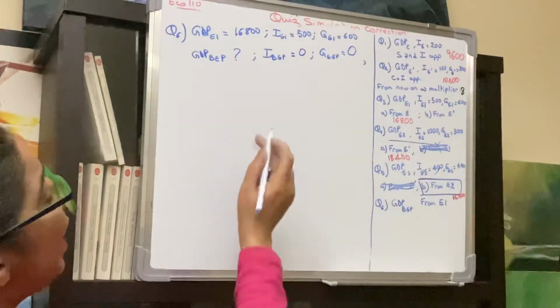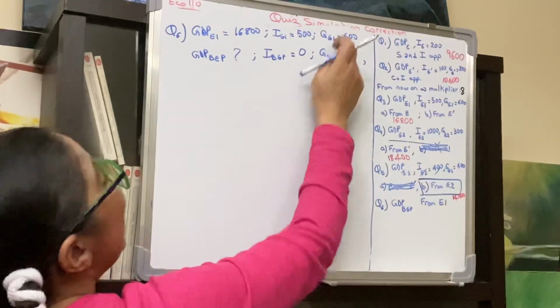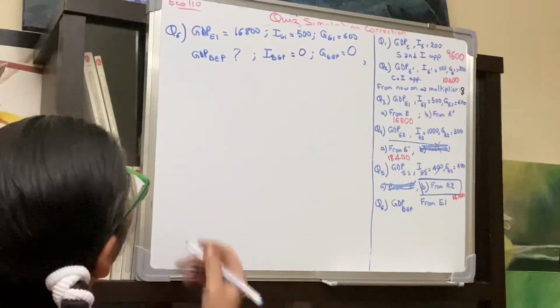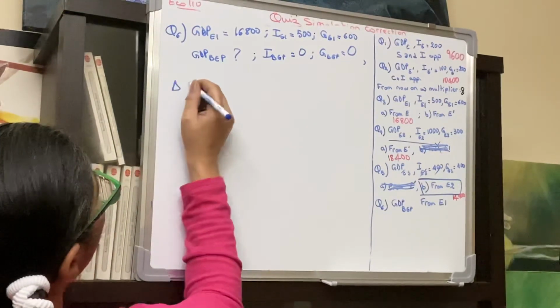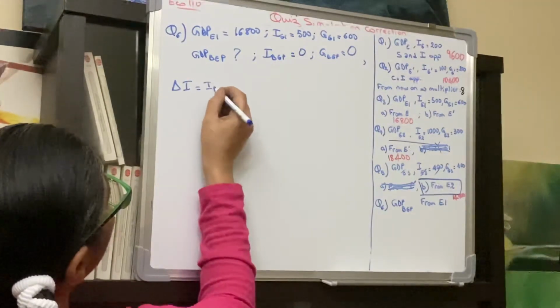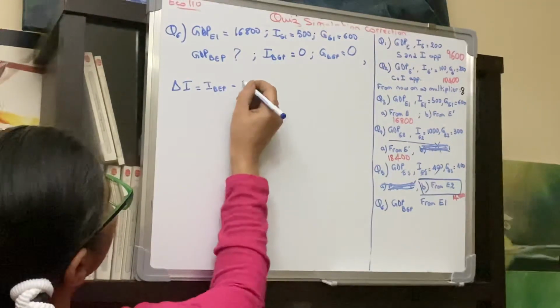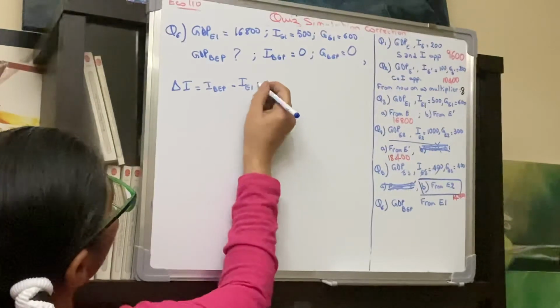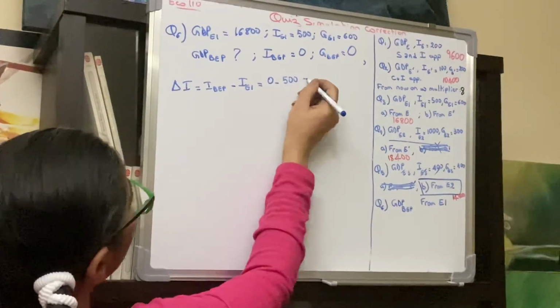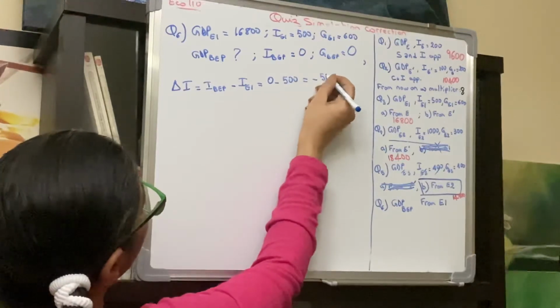Okay? So I'm going to have a decrease in investment and a decrease in government to reach the break-even point. So delta I is equal to IBEP minus IE1, which is equal to 0 minus 500, which is equal to negative 500.